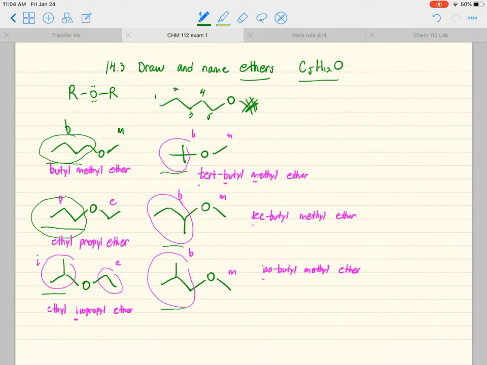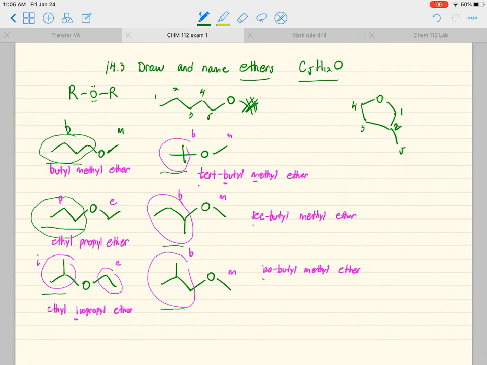Now, it's not going to be a ring because let's just draw a ring here. So here's 5 carbons, 1, 2, 3, 4, and 5. And if you just draw a line drawing, you might think, well, that's great. Let's name this.